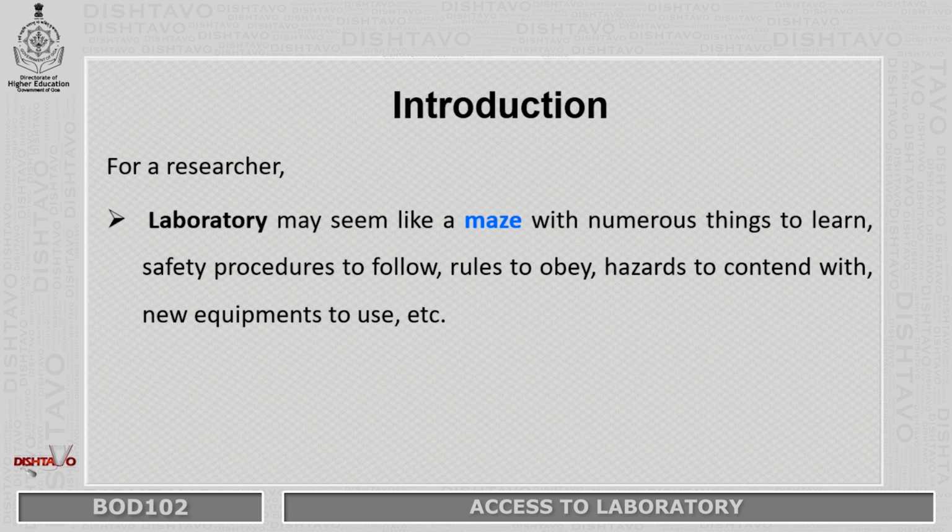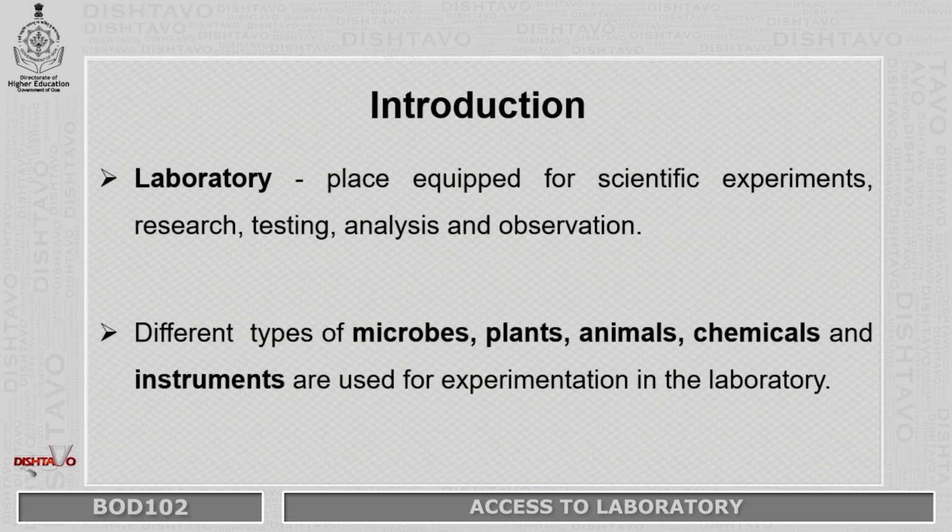Now, for the first time, when you enter a research laboratory, it may seem like a maze with numerous things to learn, safety procedures to follow, rules to obey, hazards to contend with, new equipments to use, etc. A laboratory is a place equipped for scientific experiments, research, testing, analysis, and observation.